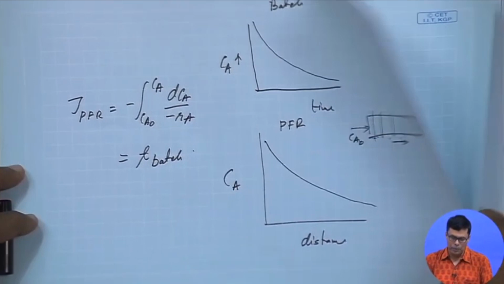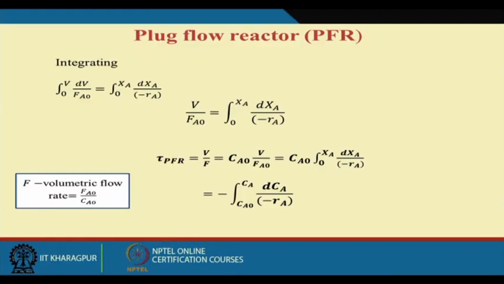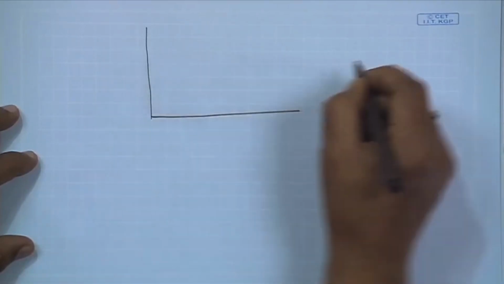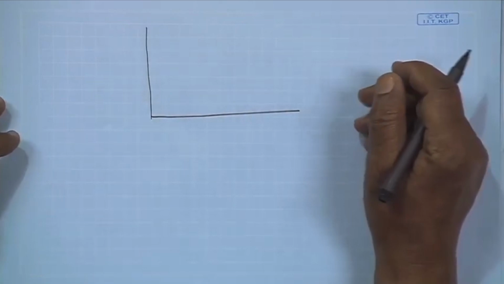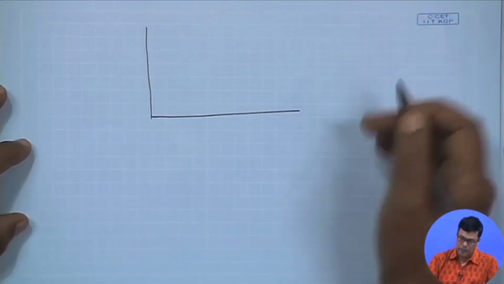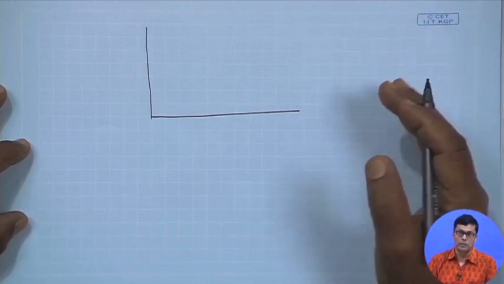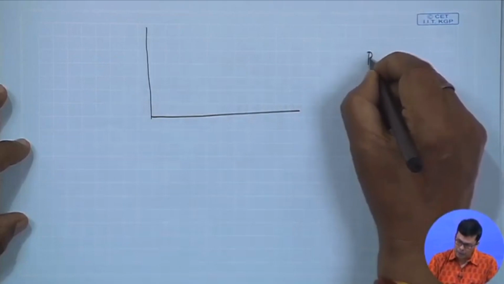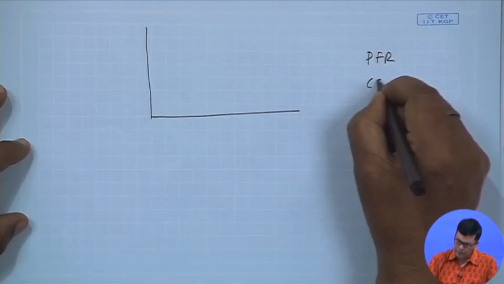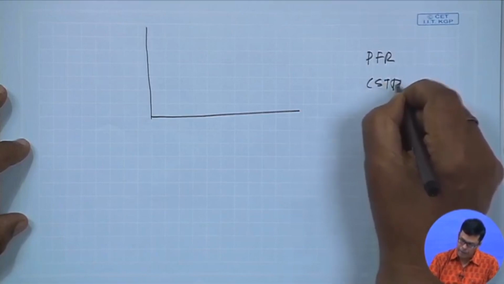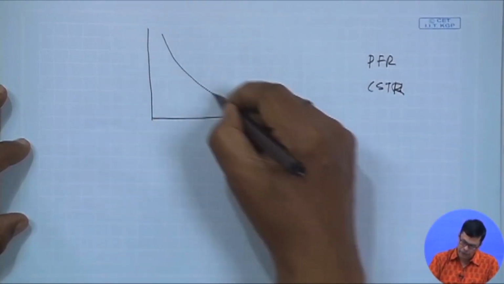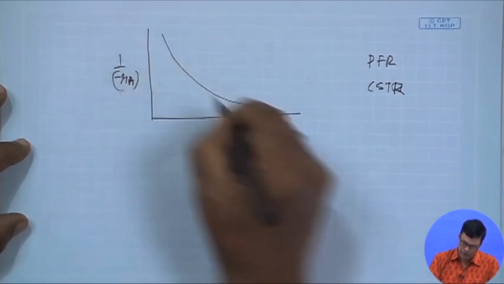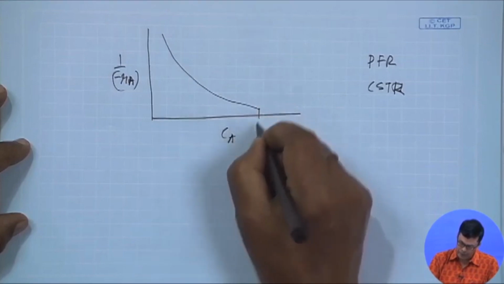Now I was talking about the selection of the reactor. This is very important. Suppose I want to operate a continuous system, because we always operate continuous systems. The reason is that the rate of product formation in a continuous system is much more compared to a batch process. So suppose we have a plug flow reactor and a CSTR, and the correlation between 1 by minus RA and CA is like this.